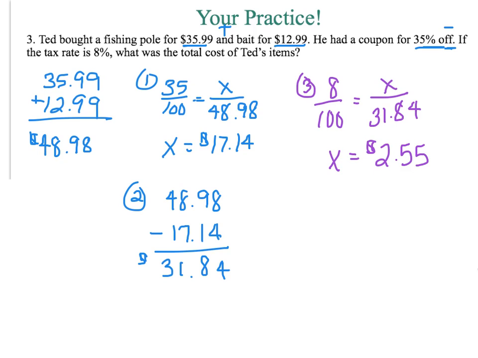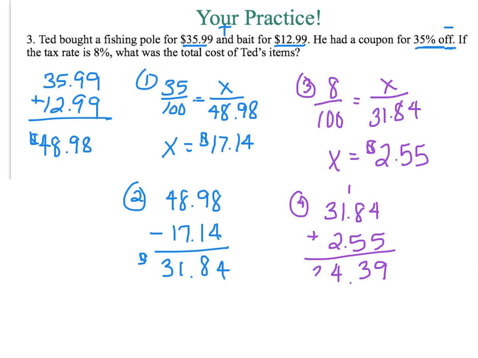We need to pay attention to our rounding, and so that 54 would bump up to a 55. And lastly, our tax, we are going to add it on. So his final total would be $34.39.